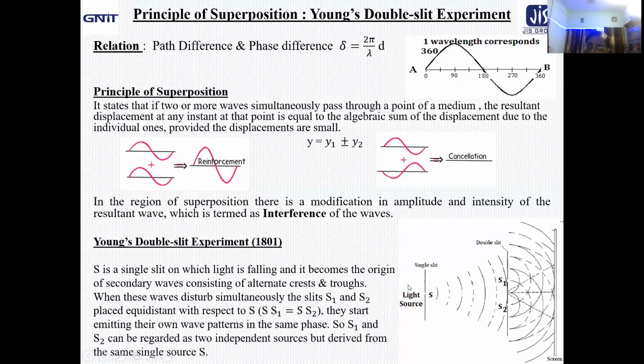Now, preferably a monochromatic light source. It may be polychromatic, but preferably a monochromatic light source is kept on the left of the first slit S. So light from that source is falling on the slit S. As soon as it occupies the plane of the slit, each and every point in the plane of the slit will be considered a source of secondary waves consisting of alternate crests and troughs, moving in the forward direction.